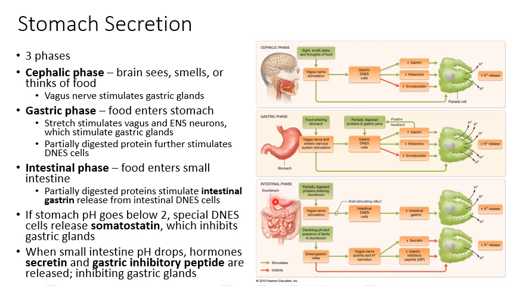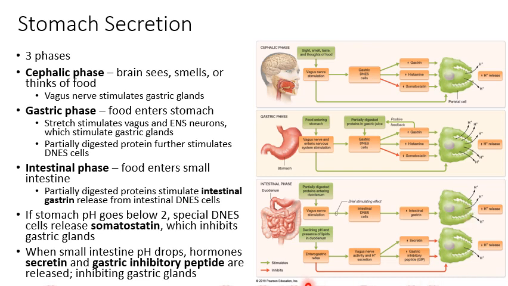enter the small intestine. And so now you have your partially digested proteins in the small intestine that are going to stimulate DNES cells there to release their hormones, in this case intestinal gastrin, that then travels to the gastric glands in the stomach and causes the parietal cells to release even more stomach acid.